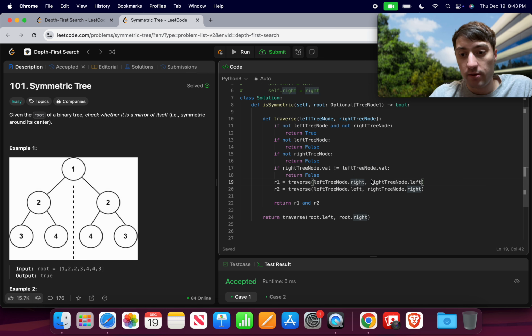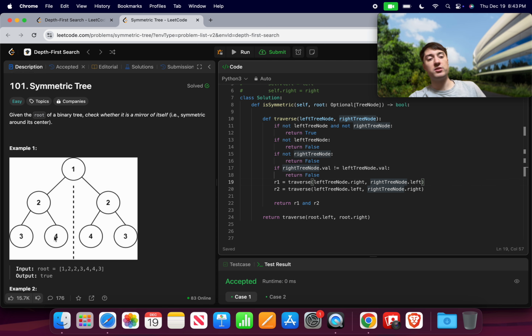Now, then I look at the right tree node, and I'm at this one. I look left. And then I do the same thing here. I say, okay, well now I check, does this node match? Does this node match? Right? Because now I have two that I'm inspecting at the same time.